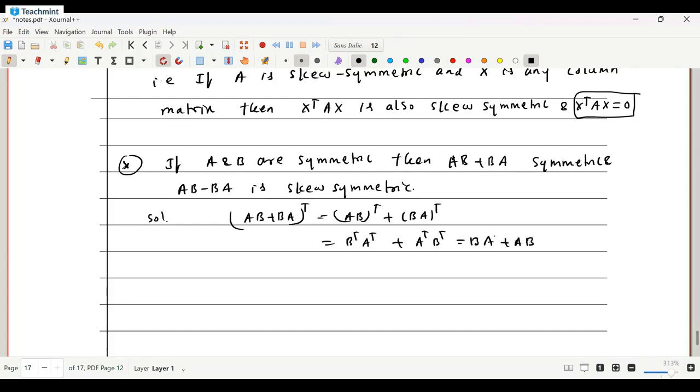But sum of matrices satisfies the commutative property, so BA plus AB is equal to AB plus BA. Therefore, AB plus BA whole transpose equals AB plus BA. Therefore, AB plus BA is symmetric.